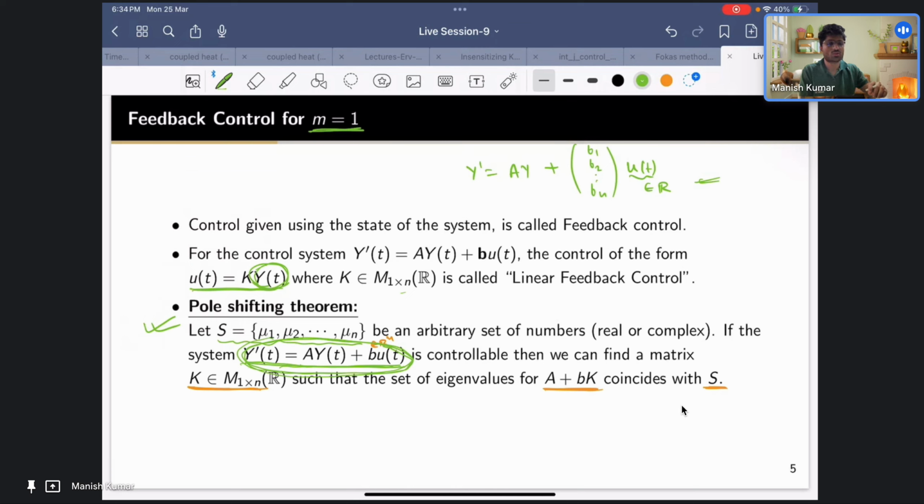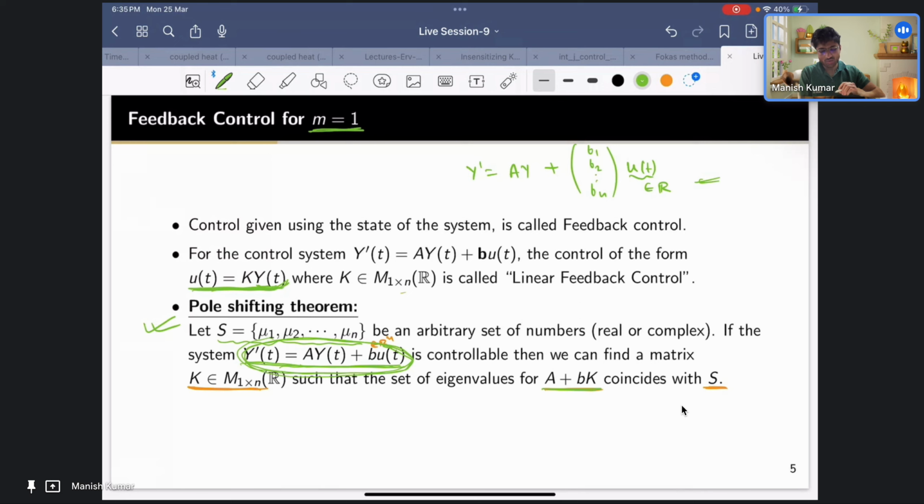It just says you have some rank condition, or that you can move from one point to another. It does not tell you that the control will be of the form K times y. The theorem tells you that you can find a control u in this manner such that the eigenvalues of A plus BK coincide with S, and this will obviously help in getting stability, right?